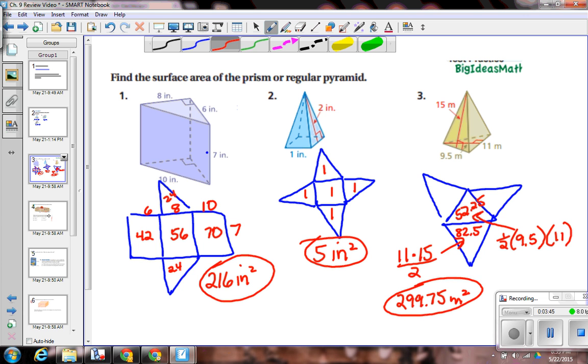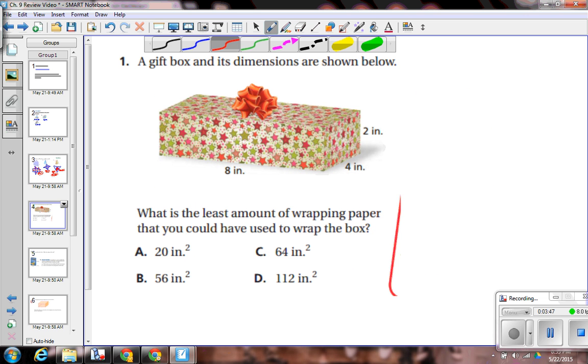Okay, moving on. So if we're looking for the least amount of wrapping paper, we're really just finding the surface area. You could use more paper if you wanted to overlap, but to completely cover it without any overlap, we're just finding the surface area. So let's use the smiley face method. 2 and a 4 and an 8.